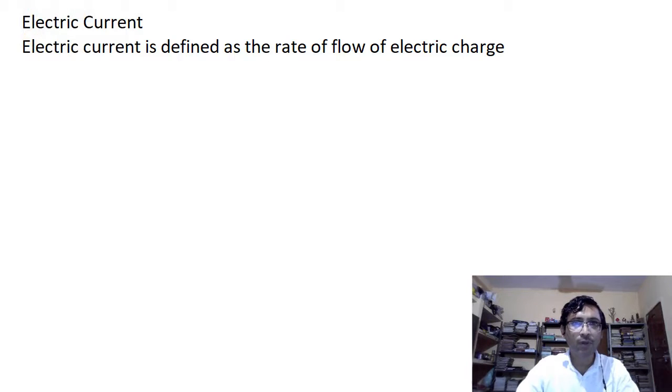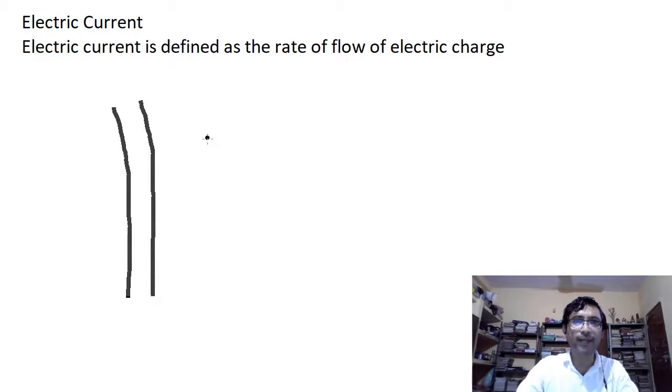Suppose we have a wire like this, and through this wire, say in a time of 5 seconds, some number of charges are flowing through it.